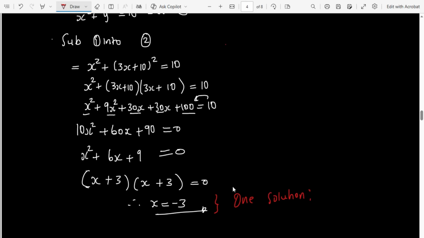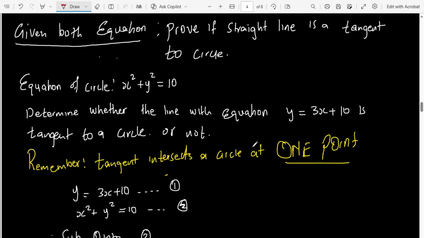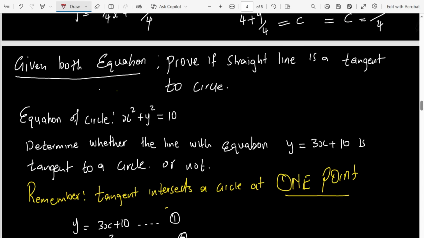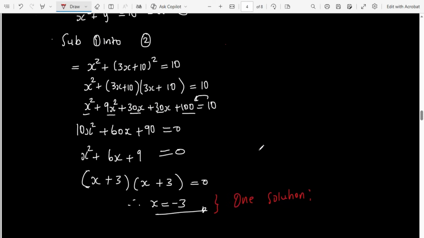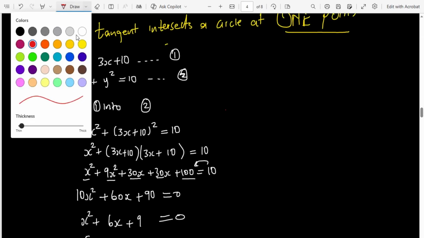So this proves that the given equation is a tangent, because we have one solution. So let's try and summarize all this information that we just worked on.